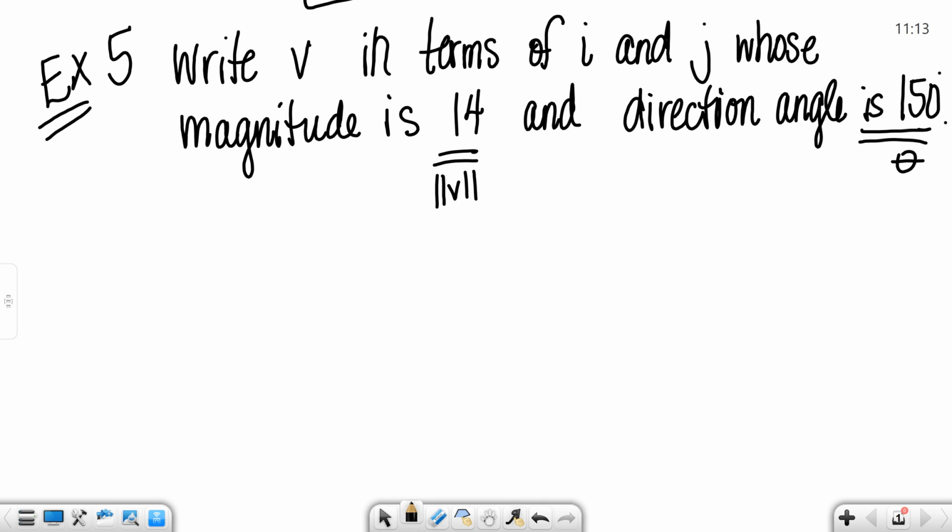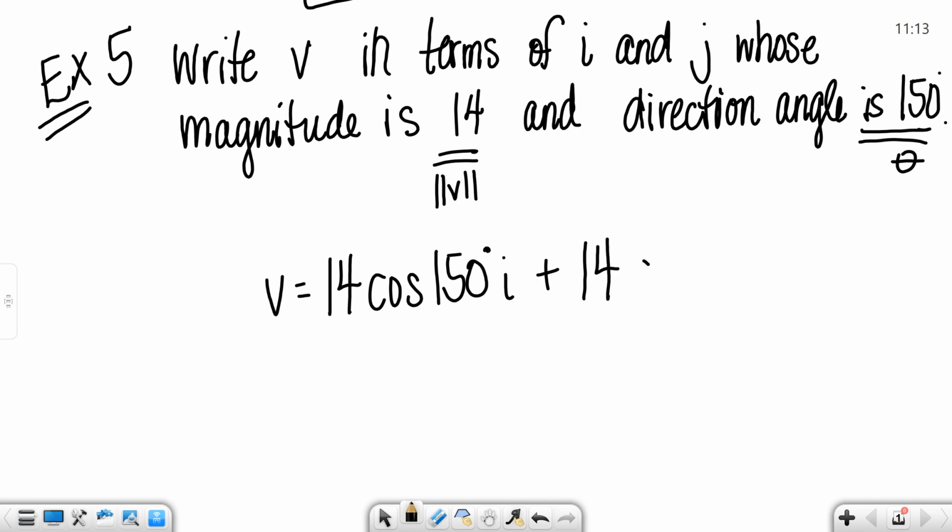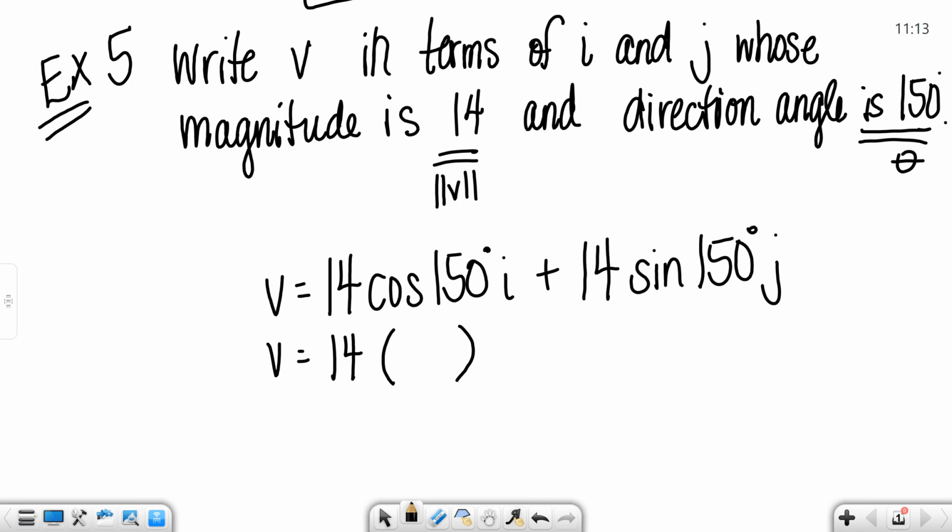So I have the magnitude times the cosine of 150, i, plus the magnitude times the sine of 150, j. Now, we can't leave it like that. That's just how we get it started. Now we actually do the cosine of 150 and the sine of 150. Those are on our unit circle. The cosine of 150 is negative square root of 3 over 2.